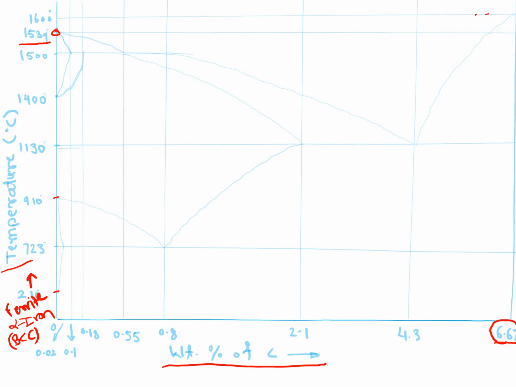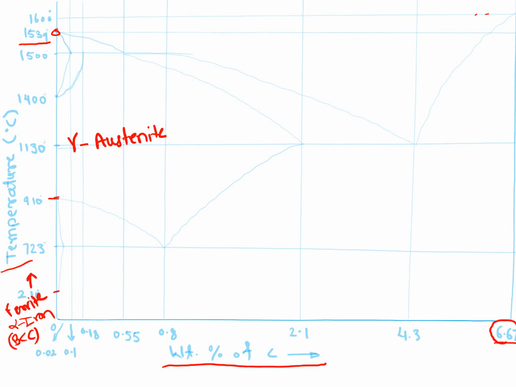Upon heating till 910 degrees, it will be alpha iron only. But upon heating further, the pure form of iron will change to gamma austenite. This region is gamma austenite. It is a pure form of iron.